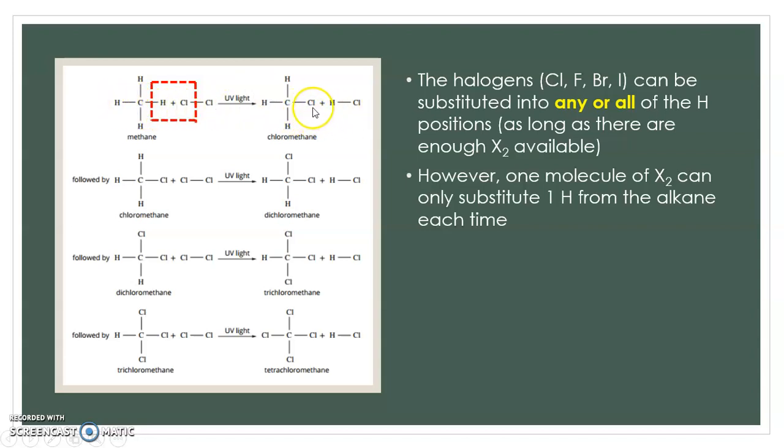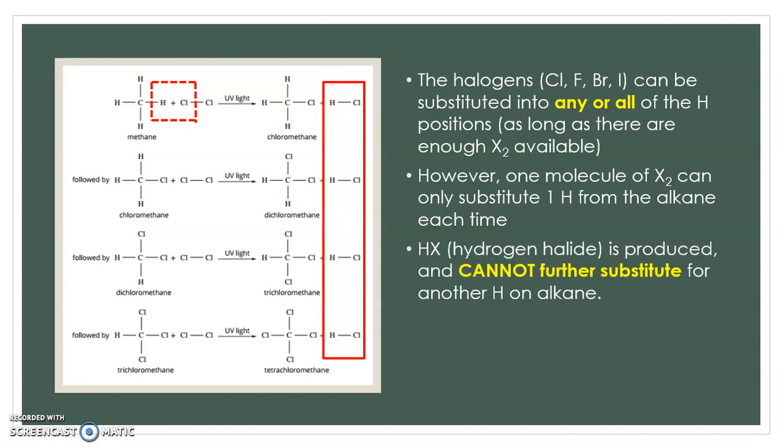If you are to actually replace another hydrogen, you need to make sure that first of all the methane in your reaction mixture has all reacted, and if you have leftover halogens, then the second step of the reaction will kickstart. Hydrogen halide is produced by this reaction, and once they're produced, their job is done.